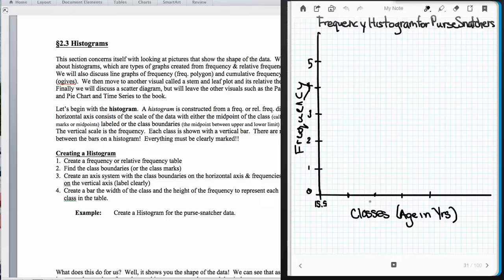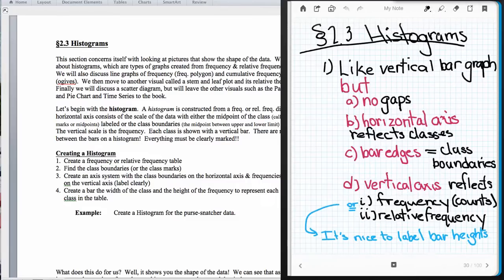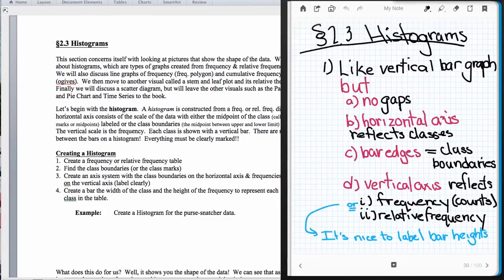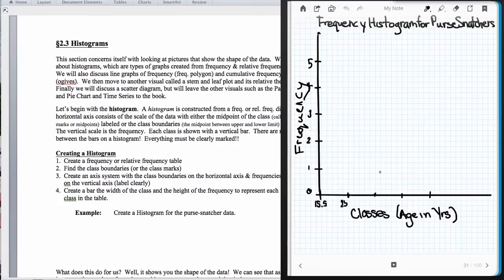And then my classes down here, each of these are separated out into equal widths, and I've started here at 15.5. And so my next one is going to go to, let's see, what was it, 23.5 or 24.5? I can't remember. My memory's going. 24.5. It would be nice if we had these right next to one another when we were trying to create this histogram, but unfortunately I do not.